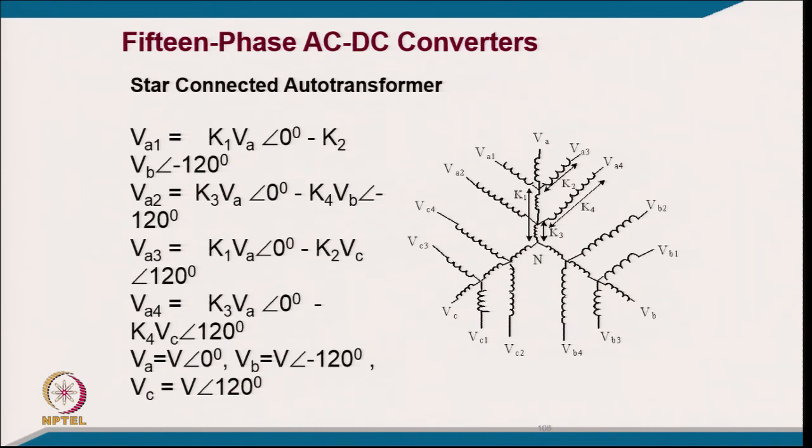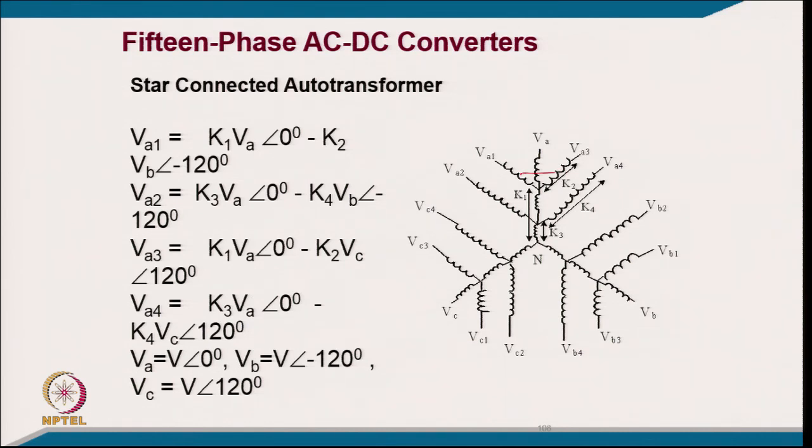And this is how we typically design the phase shift for 15 phase. 15 phase means 360 by 15, so it will be typically 24 degrees from one to another, and with this fork connection you can get the phase shift of typically plus minus 24 degrees.